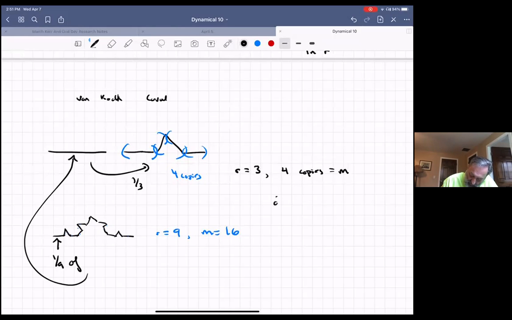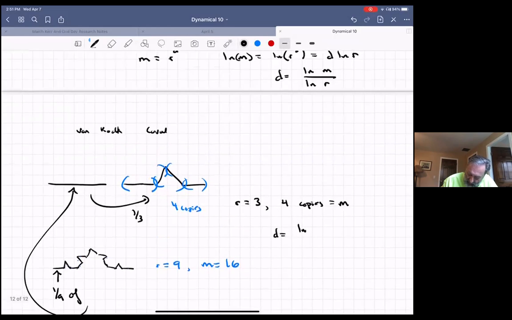So the dimension is the log of the copies over the log of R: the log of 16 divided by the log of 9, which would also be the log of 4 divided by the log of 3, which is some number.